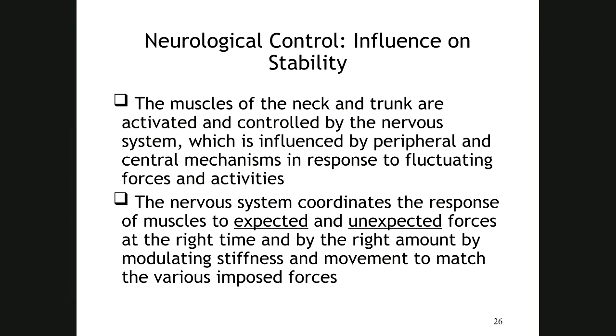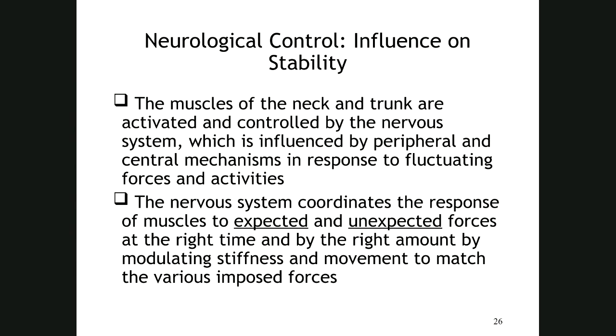Think of somebody with a spinal cord injury or a trauma that caused some nerve entrapment or nerve compression. Obviously, it's going to have an effect on the muscles that are innervated by that nerve root. So it's important to know that neurological control has a definite influence on stability of the spine.